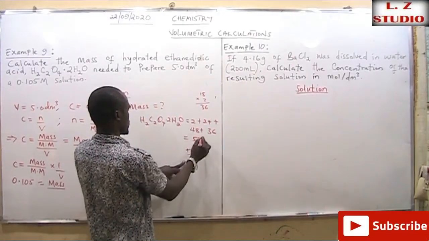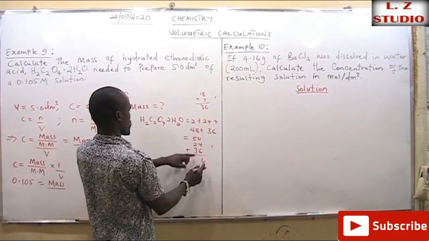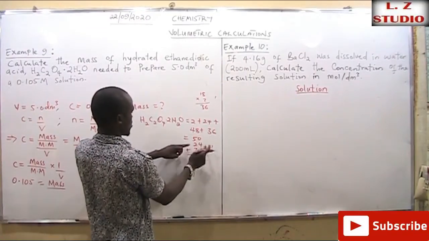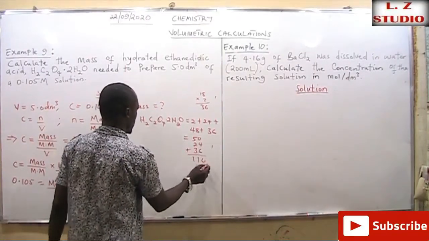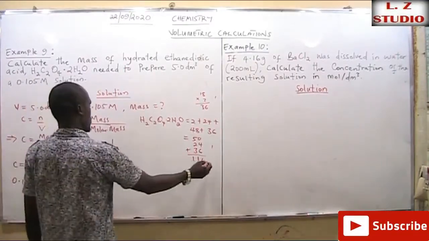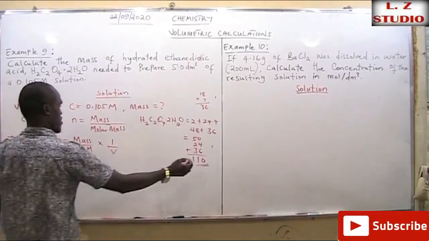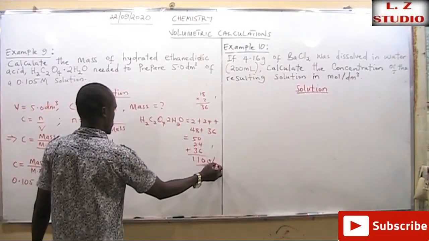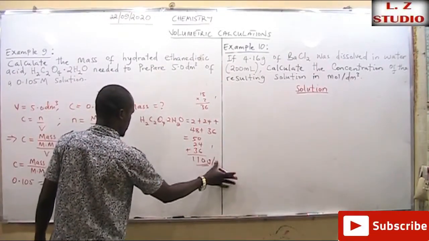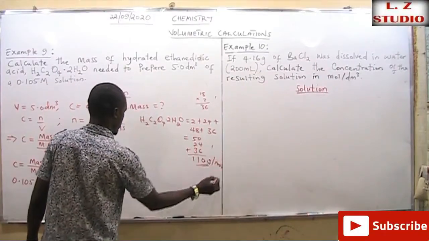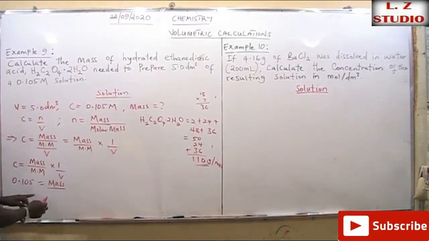So when we add everything, we get 110. So that is 110 grams per mole as the molar mass here for this guy. That is the molar mass here. So we now have this to be 110.